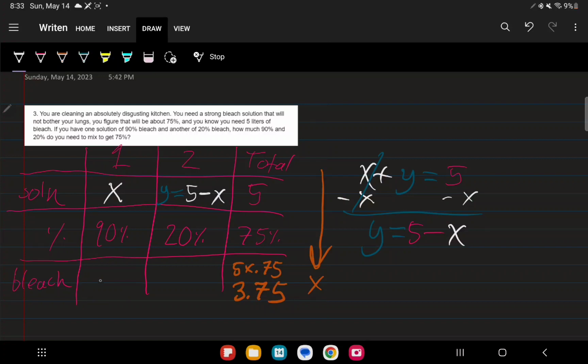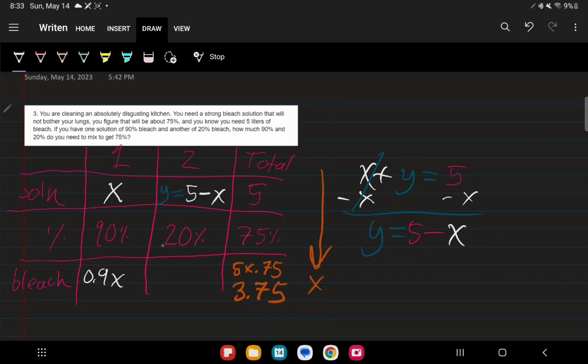Now, to find this, I'm going to multiply going down again. So that's going to be 0.9x. And then 20% of 5, 0.2 times 5. Remember, we're multiplying all of this by 20%. 20% is 0.2.